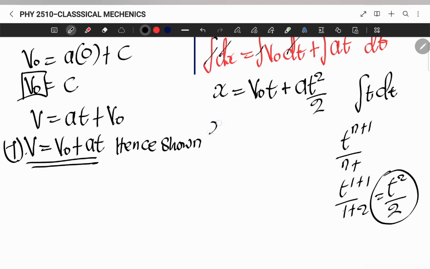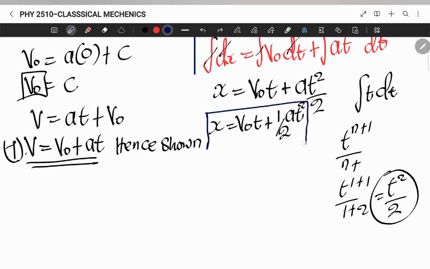All right, so v naught t plus, the result of all this is half of at squared. I think you've seen this equation before, so this is where it came from.